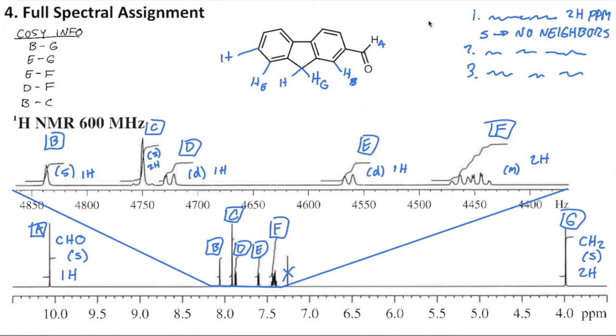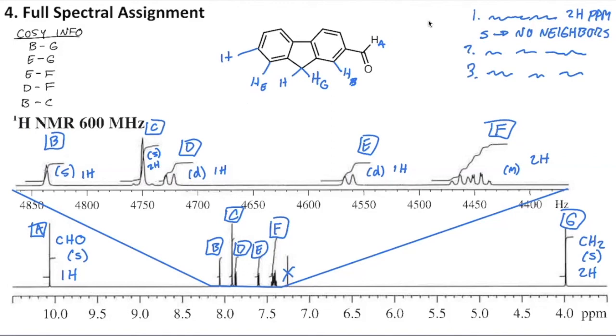So I think that's a pretty good start as far as, okay, we're starting to put some labels in, and we already have a hint to think about: if this is HE here, we know it has to be split by this neighbor. So if we think about where we see the splitting in our COSY, we hopefully can figure out what that neighbor is as well.